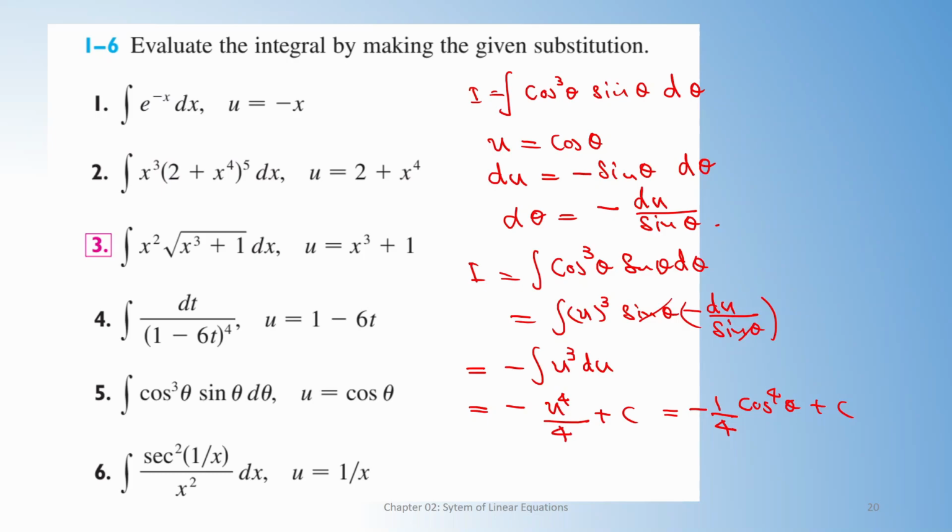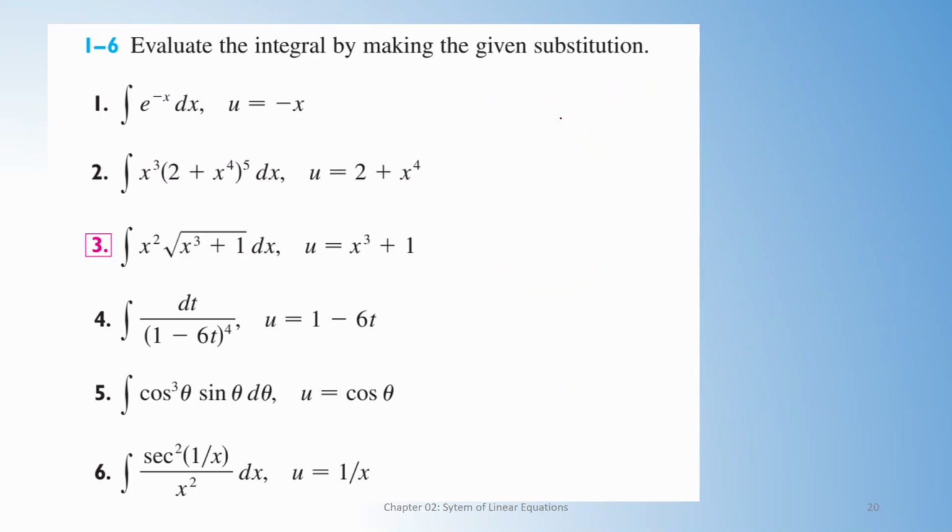Now, question number 6. Sec squared of 1 over x, over x squared, dx. Substitution is given by u is 1 over x, that is x to the power minus 1. So du is the differentiation of x to the power minus 1, so minus 1 times x to the power minus 2.